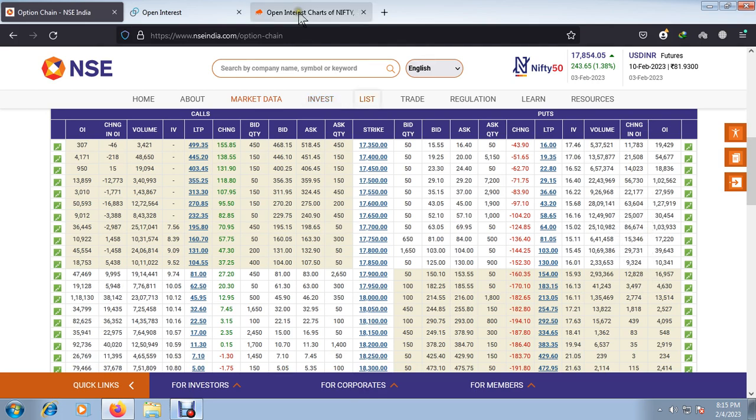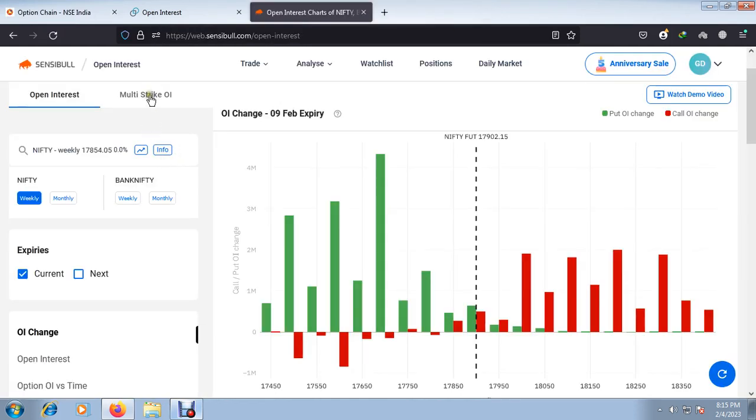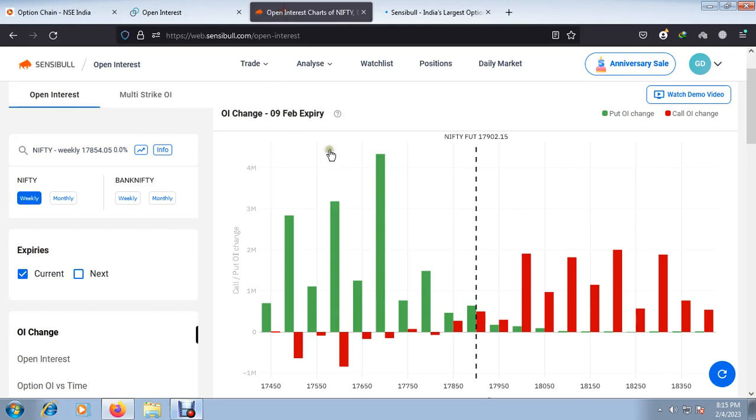So here one more thing is there, this multi strike OI. If you click here on the multi strike OI, here you can see individual strike prices, like what we have discussed now. We are saying that 17700 is having the highest change in OI for today, that is, in intraday.